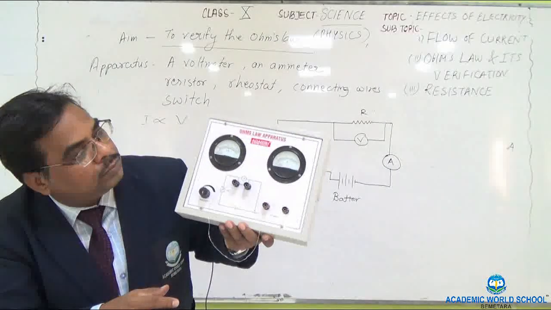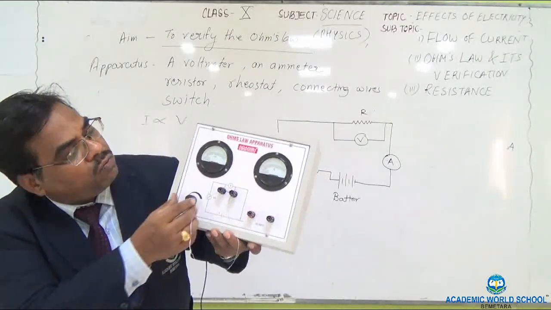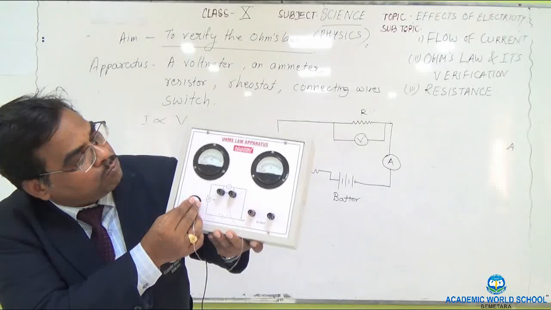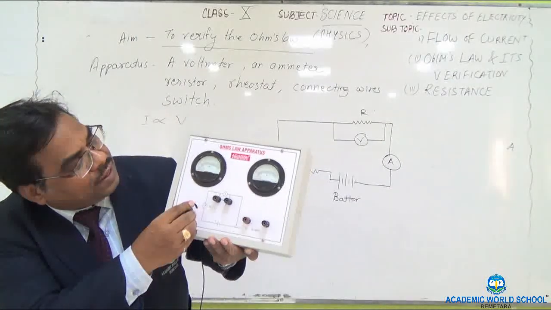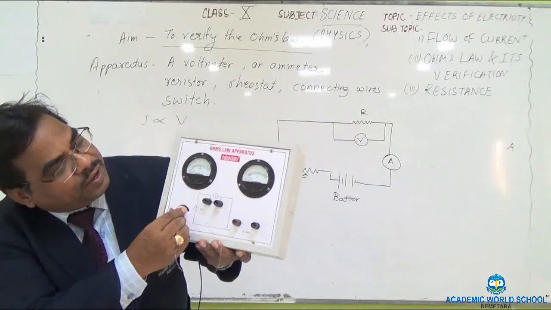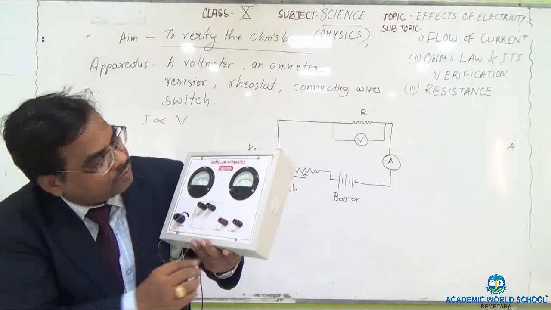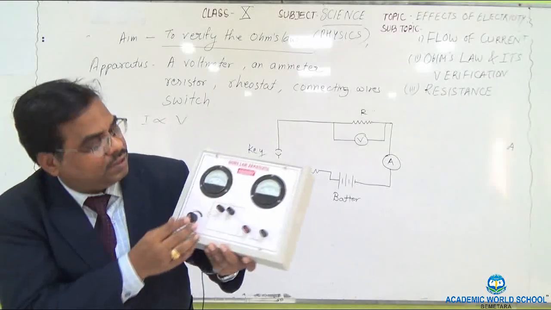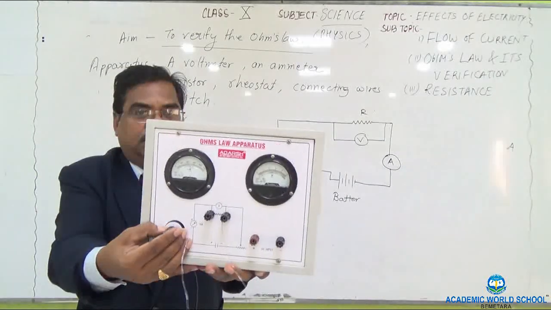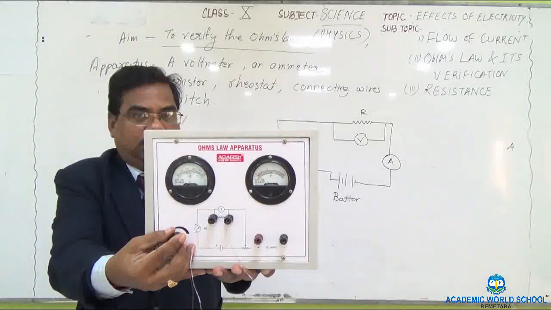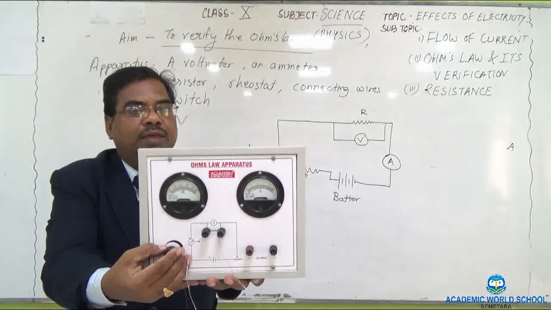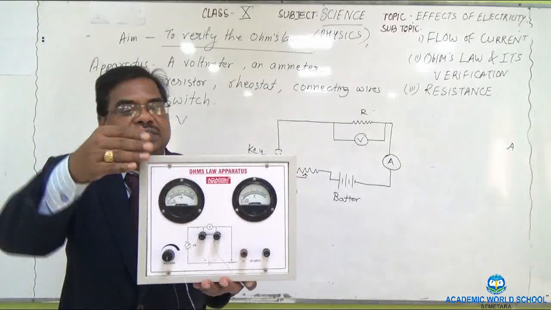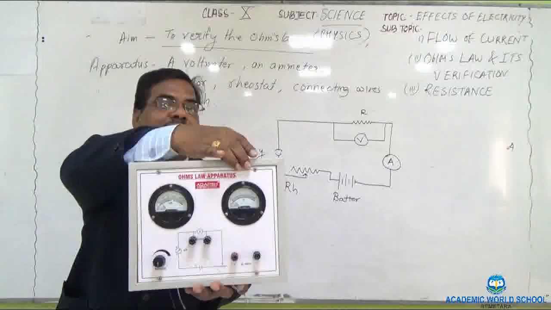Now when I move the knob, you can see as the current increases, in the same way the voltmeter reading also increases. All of you can see here, where this is ammeter and this is voltmeter.